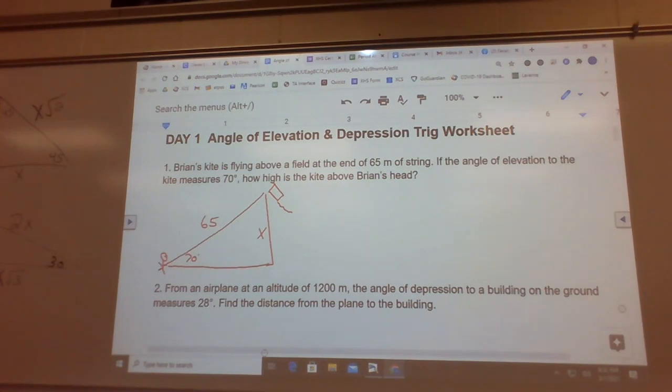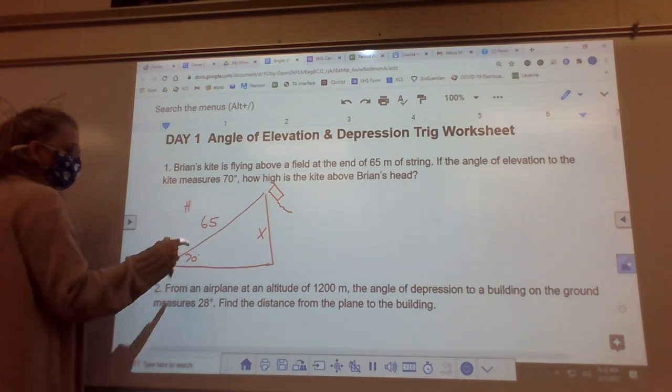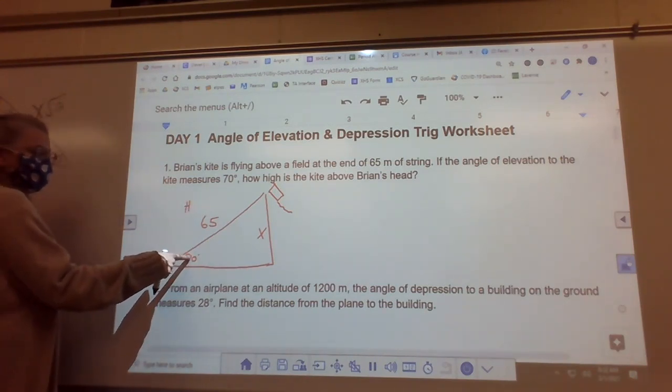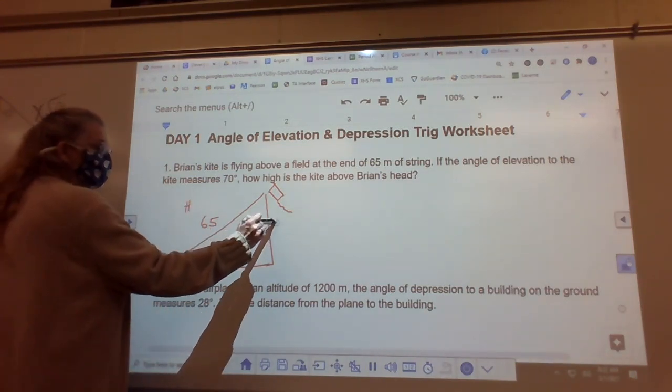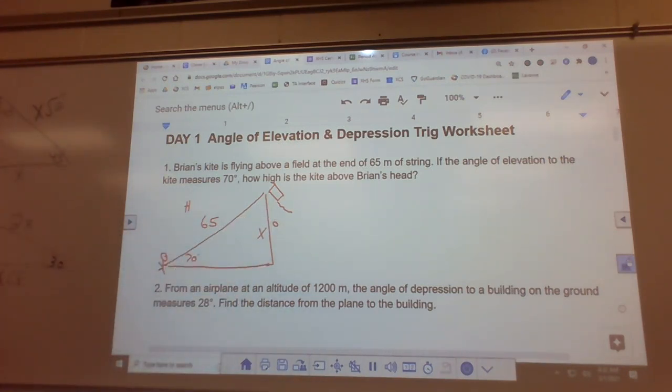So same as last week, I'm going to mark on my sides. So which one's the hypotenuse? The 65. My angle's here, so that means X must be the opposite. So now we pick a trig function.